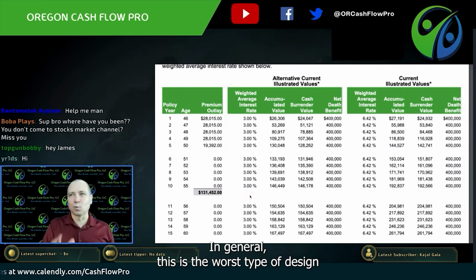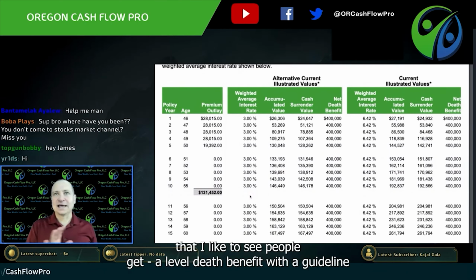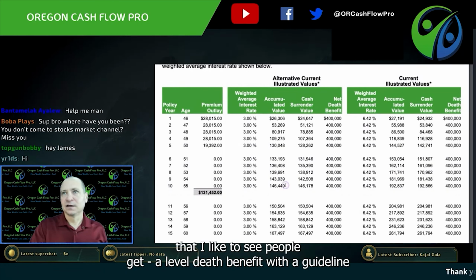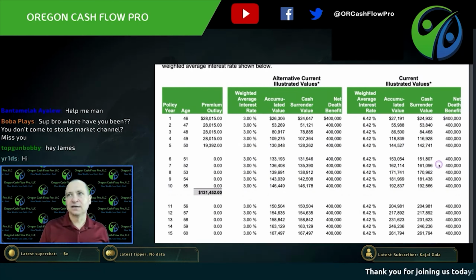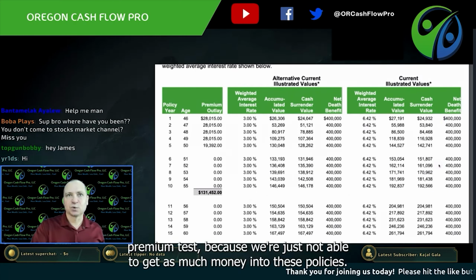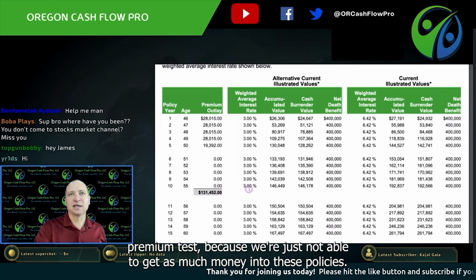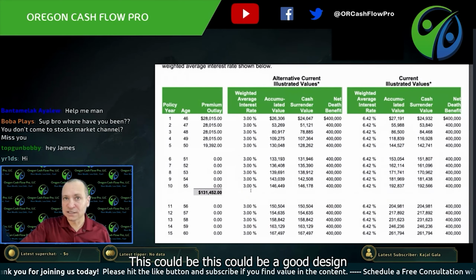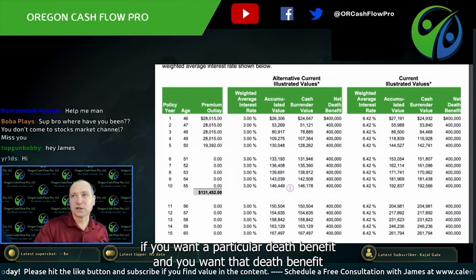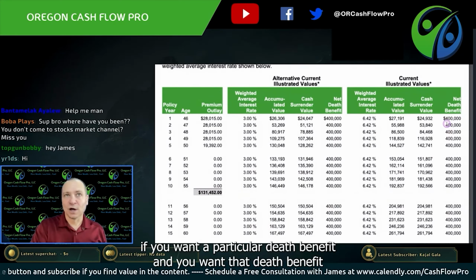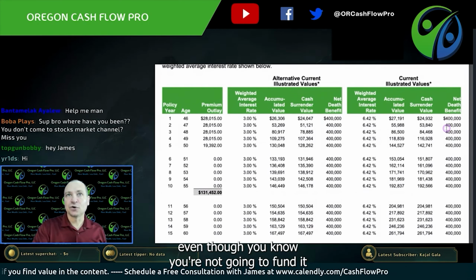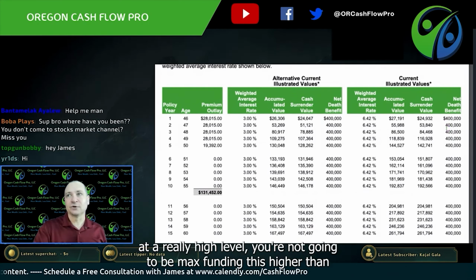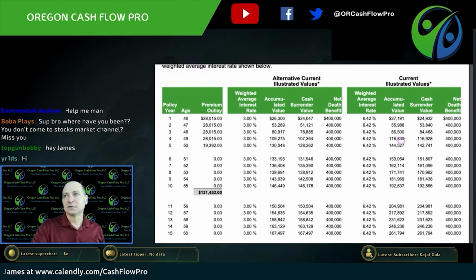In general, this is the worst type of design that I like to see people get. A level death benefit with a guideline premium test, because we're just not able to get as much money into these policies. This could be a good design if you want a particular death benefit, and you want that death benefit even though you know you're not going to fund it at a really high level. You're not going to be max funding this higher than these limits here.